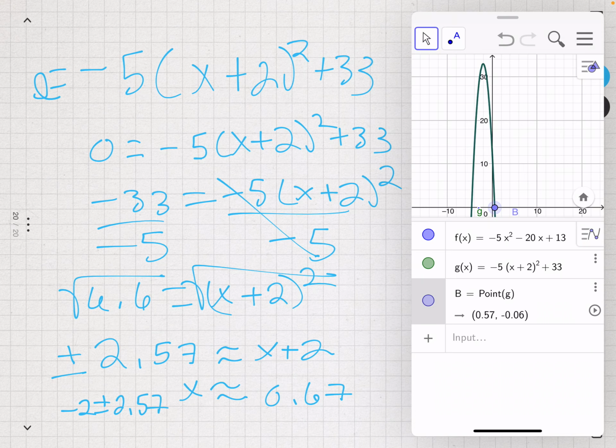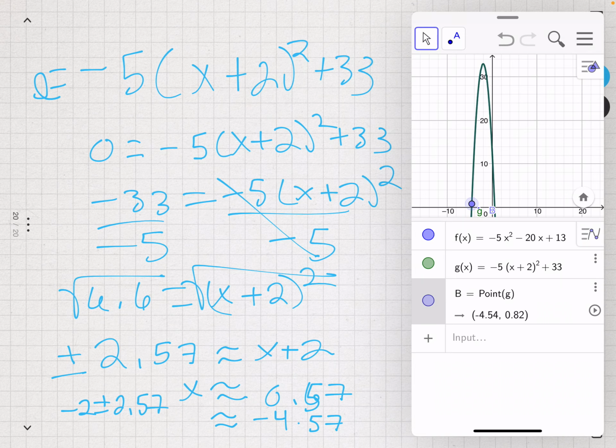Negative 2 plus that gives me this one, but then if I subtract, I get negative 4.57. Sorry, I wrote the wrong number there, but it was written up right above it. And so that means if I drag this point over here, when it's 0, it's negative 4.57. Spot on.